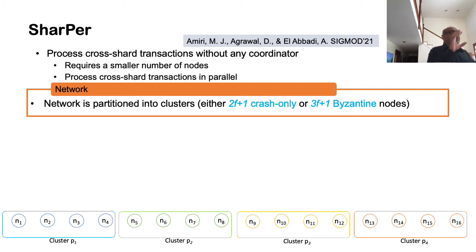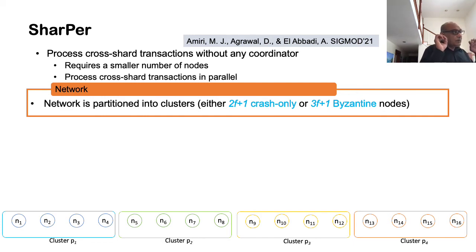The main goal of this paper is that we want to eliminate the need for a coordinator. You still want to support cross-shard transactions, but the cross-shard transaction execution has to be based on a decentralized approach rather than a centralized two-phase commit or centralized coordinator-based approach.